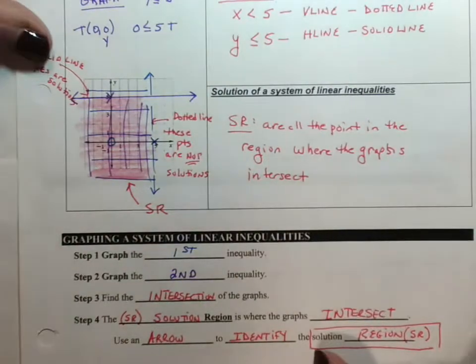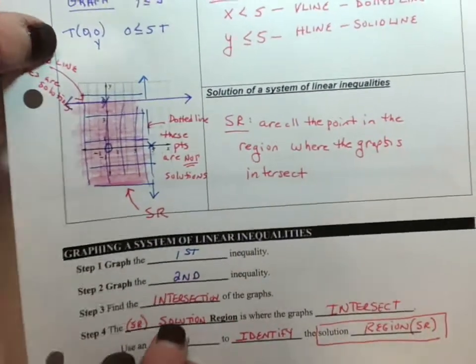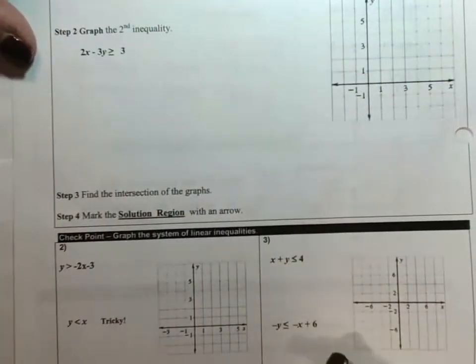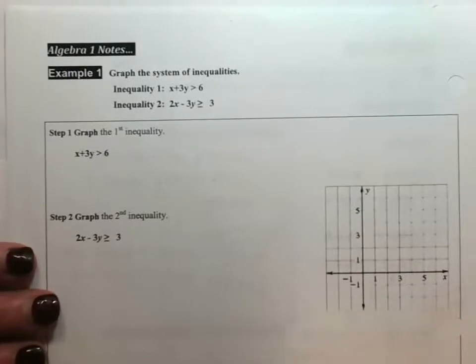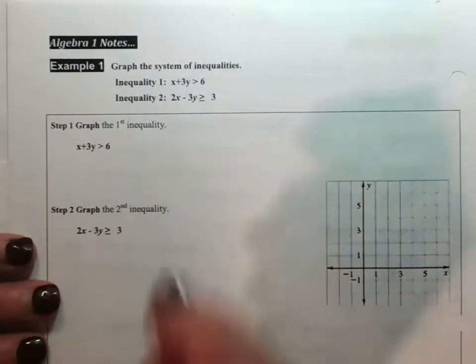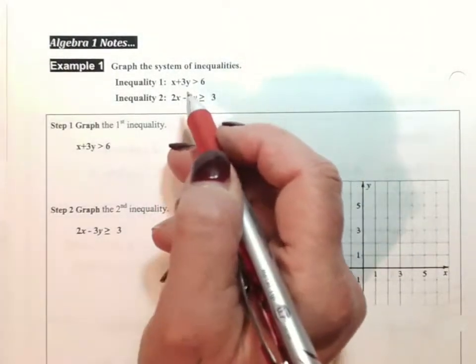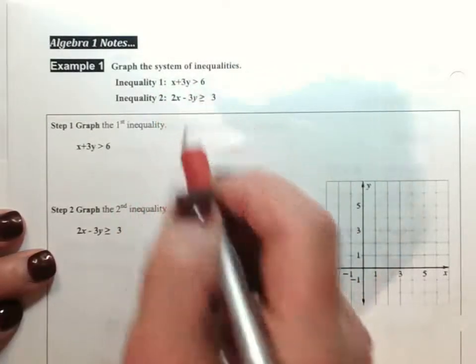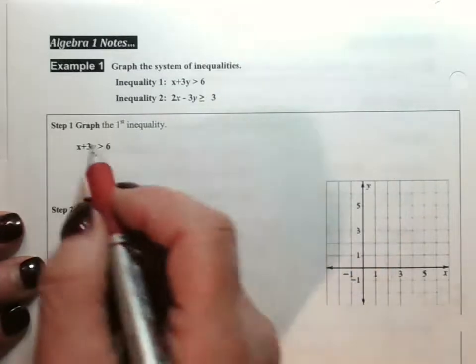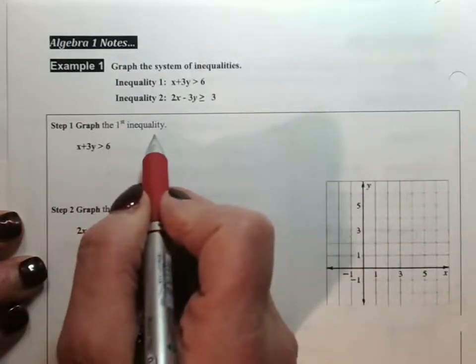And so now what I'd like to do is something a little bit more challenging. So we're going to turn this over. And our system, we have these two equations. So we're going to graph the first inequality.